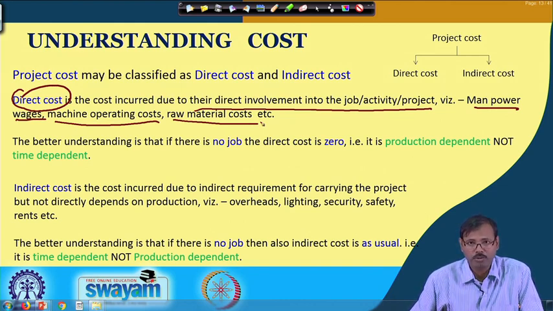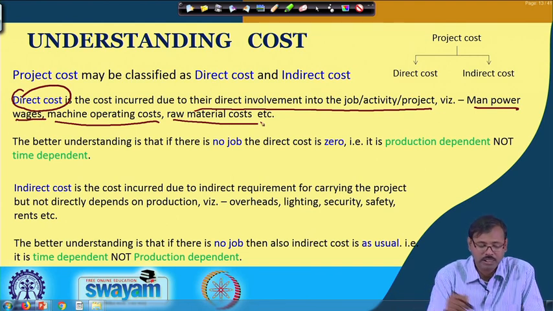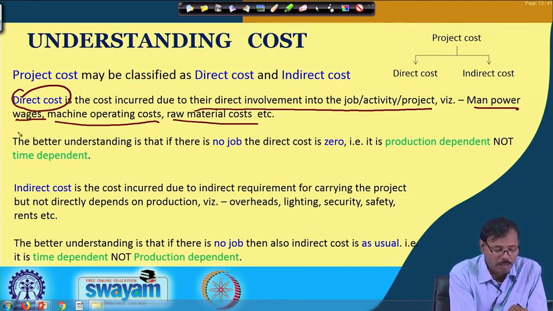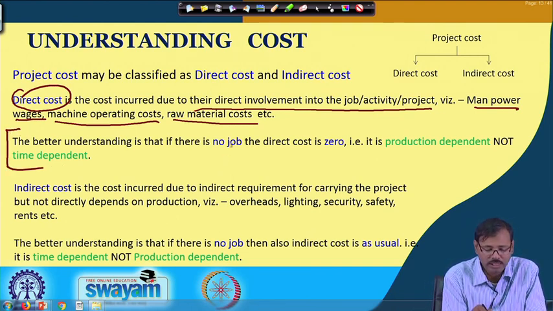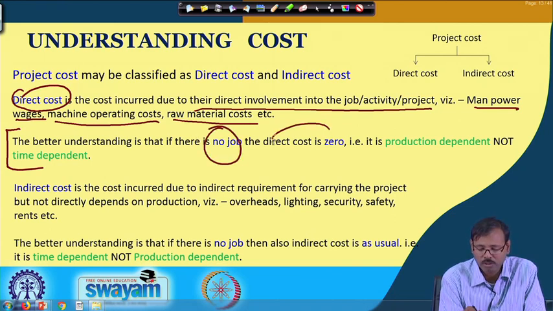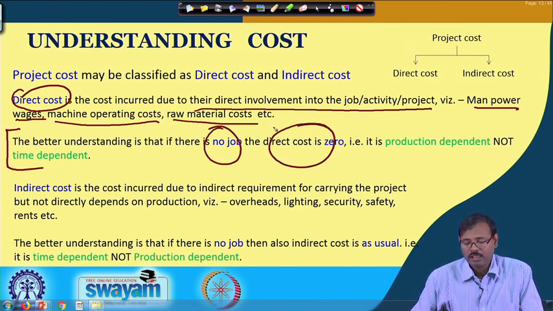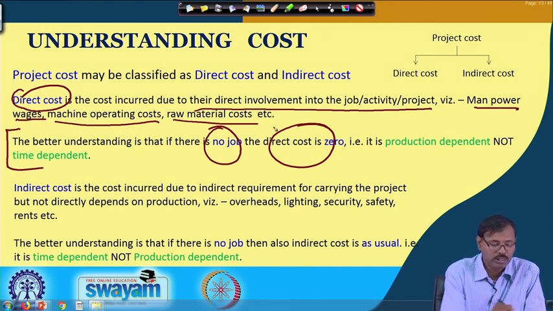Cleaning of that place every day, if no work is happening, is not part of that, but comes under indirect cost. For better understanding, if there is no job, the direct cost is 0. That means production dependent cost is considered the direct cost, which is not a time dependent cost.